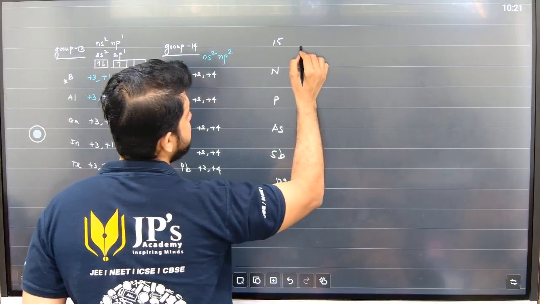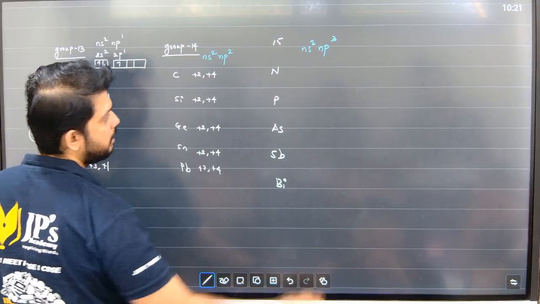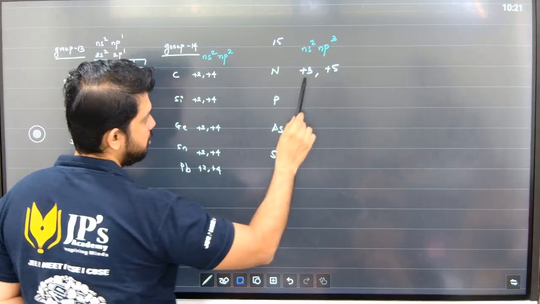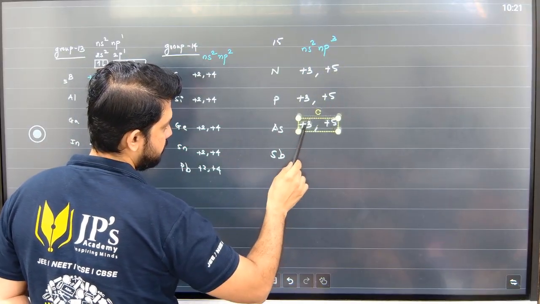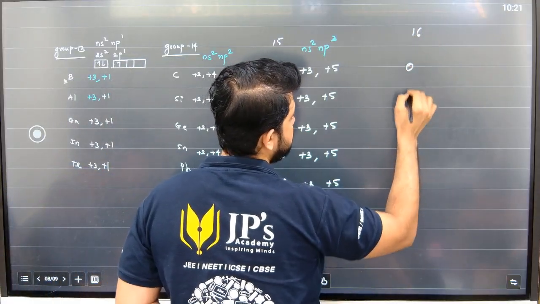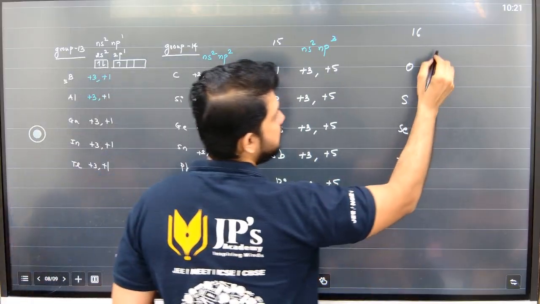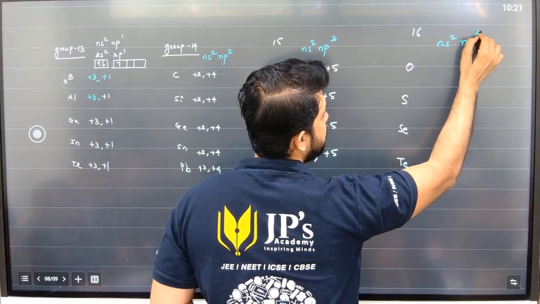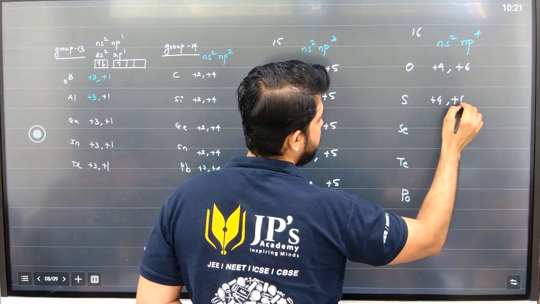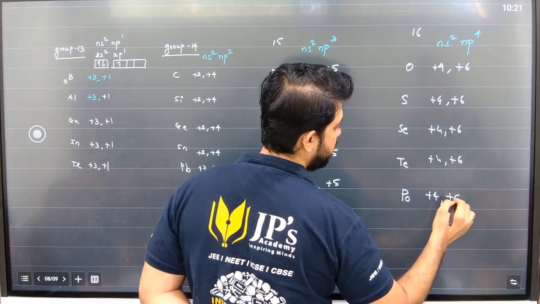Last shell configuration ns2 np3. तो कोई मेरे को बता सकता है क्या क्या ऑक्सीडेशन स्टेट यहाँ पे लिखूंगा? ये 3 दे दिया तो +3, 3 + 2, तो they can also show +3 +5. एंड लास्ट एक और कर लेते हैं. ग्रुप 16 प्लीज. ऑक्सीजन, सल्फर, सेलेनियम, टेलुरियम, पोलोनियम. लास्ट सेल कॉन्फ़िगरेशन ns2 np4. यहाँ पे आप लोग बताओ. थियोरेटिकल है ये, एग्जैक्ट सब स्टेबल नहीं है. जब हम इंडिविजुअल ग्रुप्स करेंगे तब वी विल डू दैट इन डिटेल.